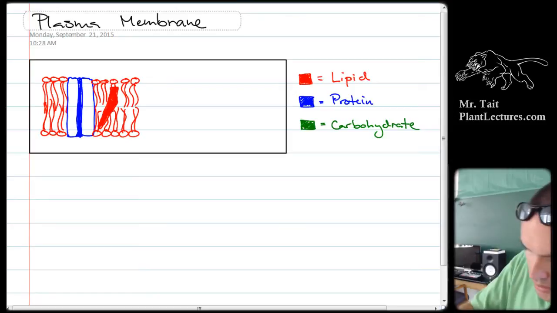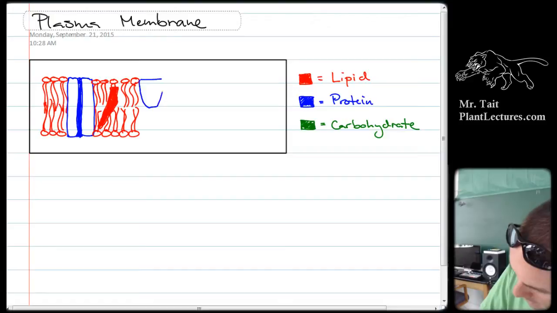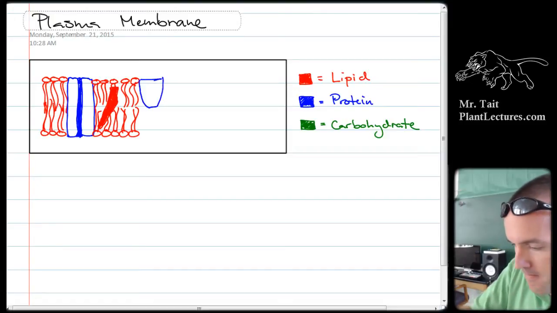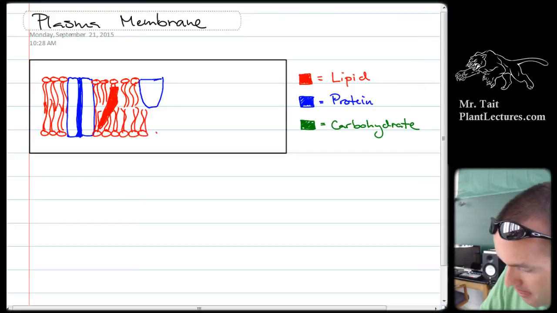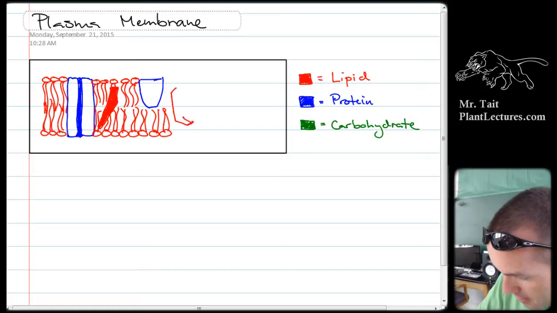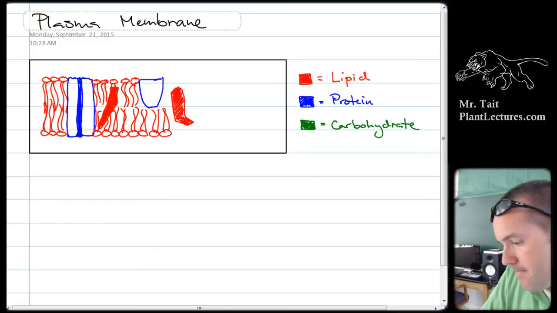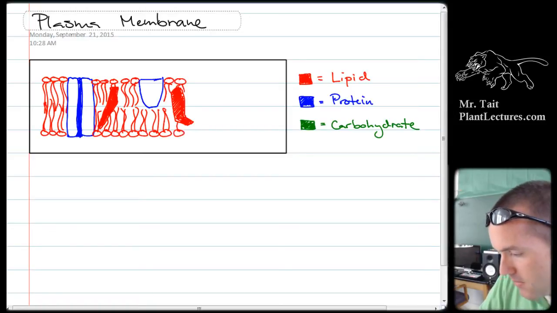Then maybe we've got a protein that's in here, just embedded in one side. Maybe another one of those big ugly lipids, with phospholipids going all around it.